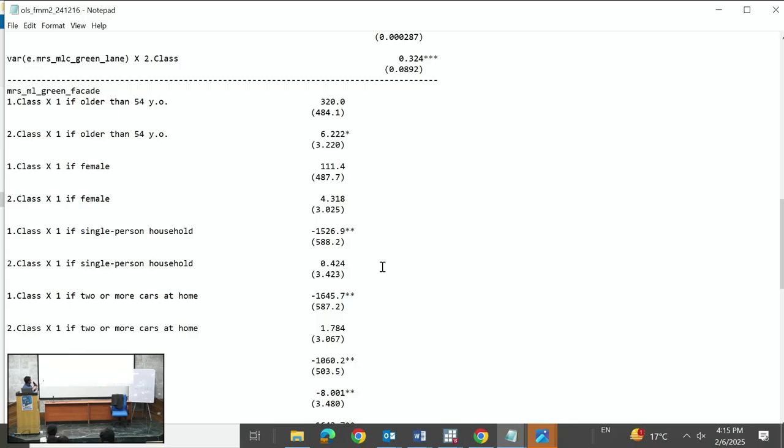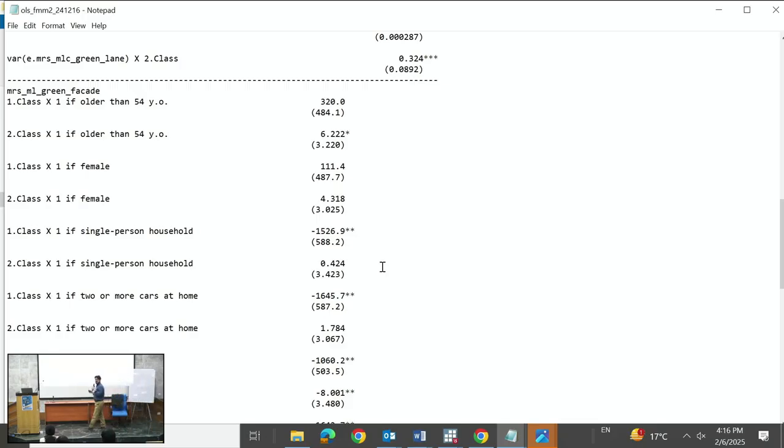And the people who have 2 or more cars are less likely to be in class 1. And the people who are homeowners are less likely to be in class 1. So I am obtaining the chances that you belong to class 1 or to class 2.